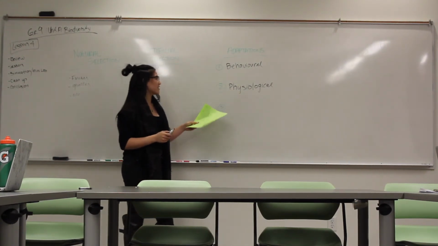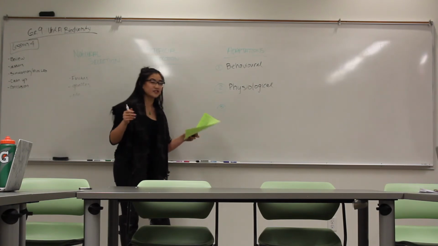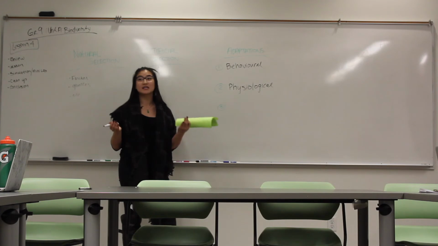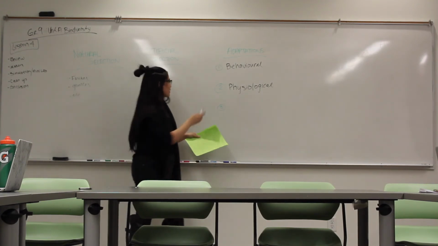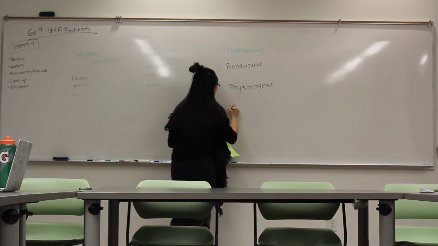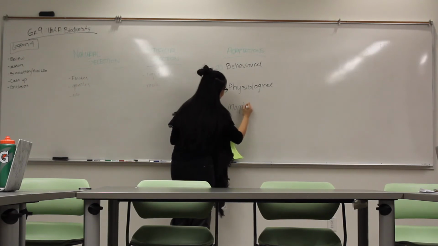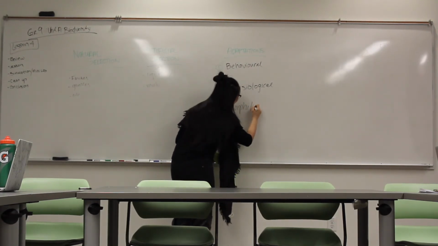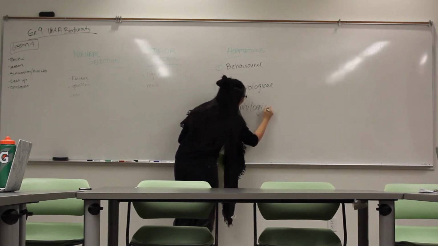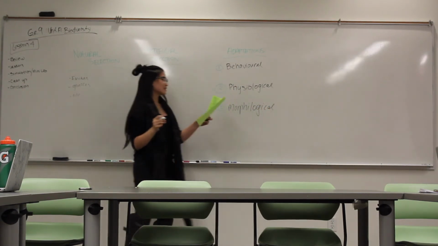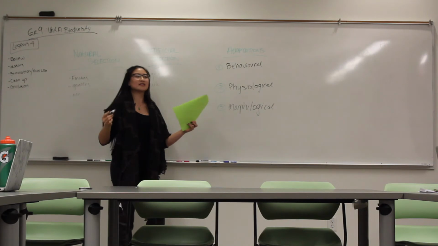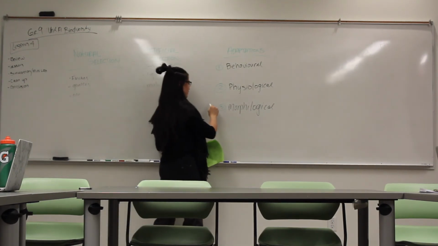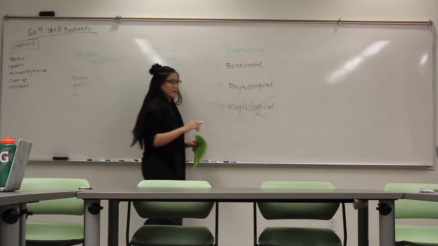But other than special features, they can also do things that would help with homeostasis. And the third one is morphological. This is traits that help shape the organism, but you guys don't need to know that for grade 9, so don't worry about that.